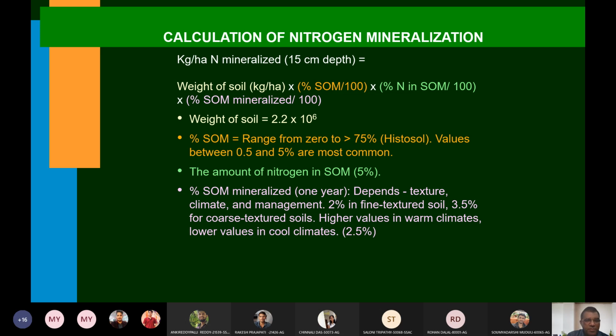Mineralization will be affected by climate factors, soil factors, many factors. But this is the average value. If you have fine texture soils, then suppose it is 2%. But in coarse texture soil, it will be 3.5%.